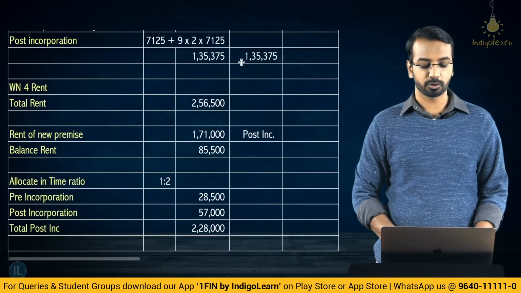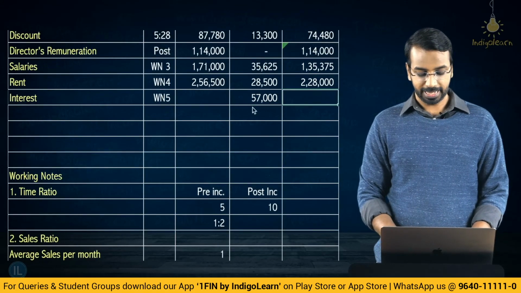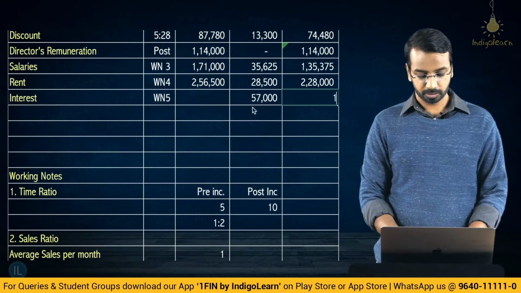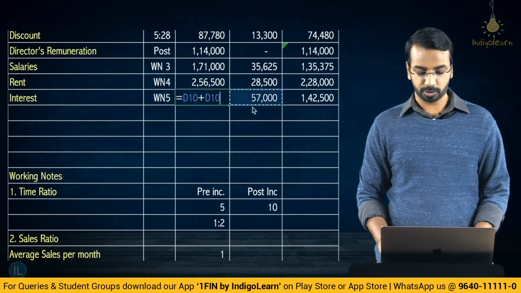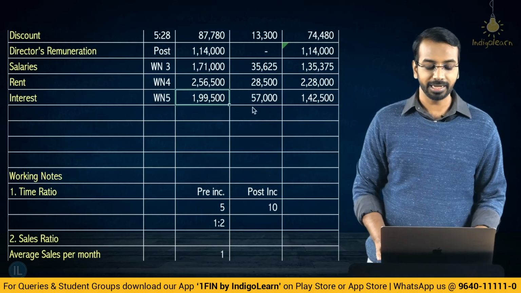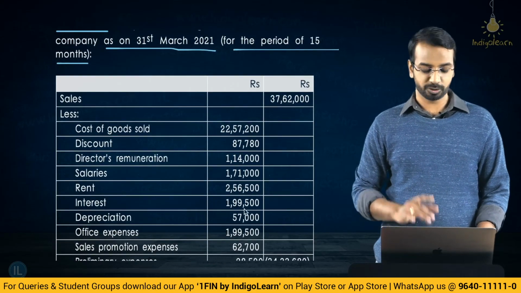So 57,000 and 142,500, if you sum this up, you get 199,500. Is that what is given in the question? 199,500, right. Let's move to the next item.